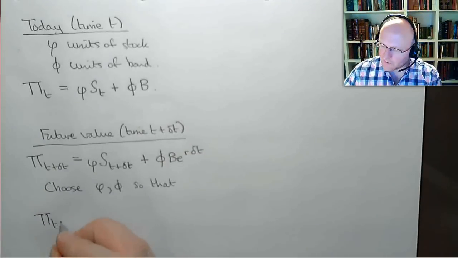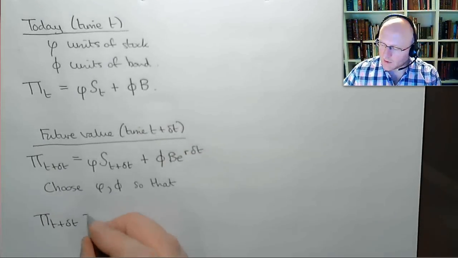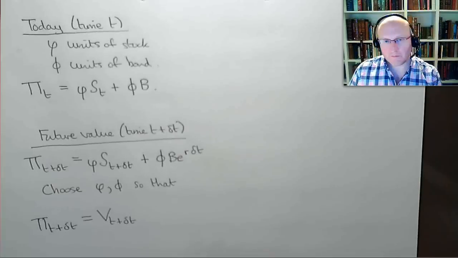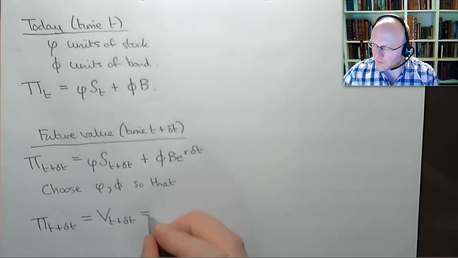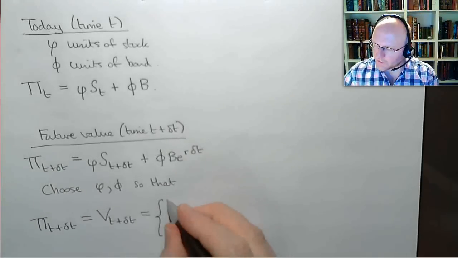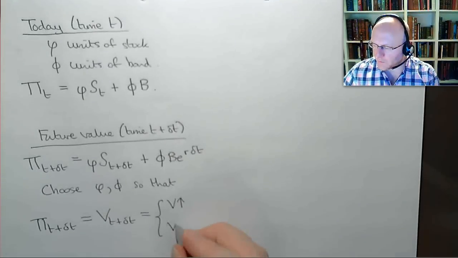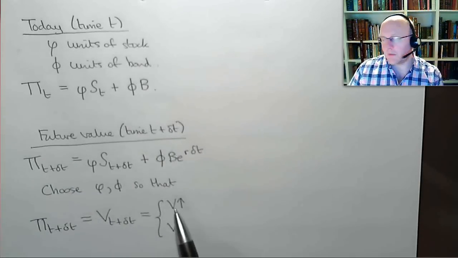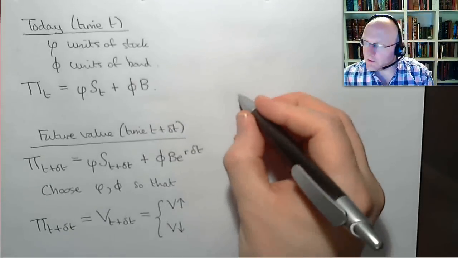The portfolio value in the future is the same as the option value in the future. But our option value in the future takes two possible values, V up and V down. So we need to get our portfolio to match both of these possibilities. So let's look at the possibilities in turn.